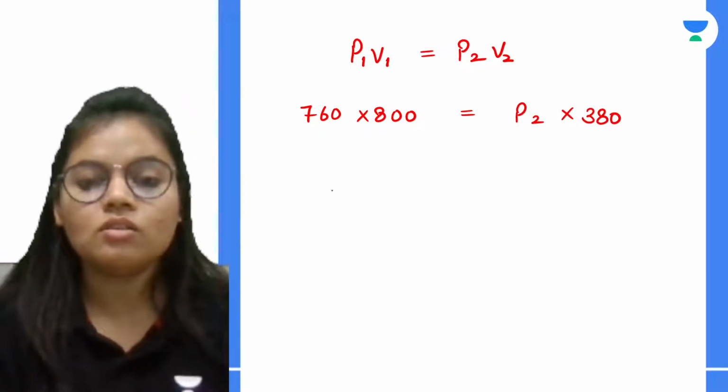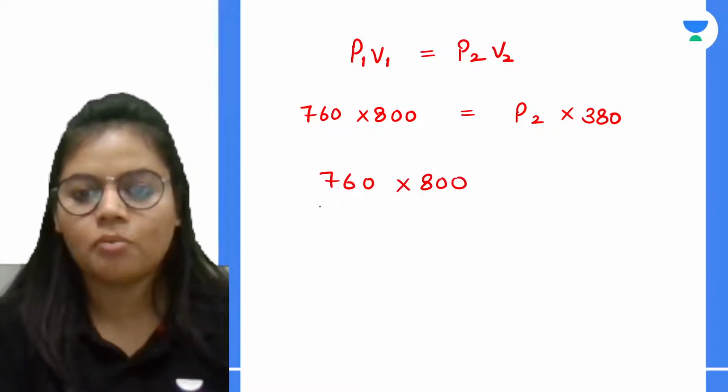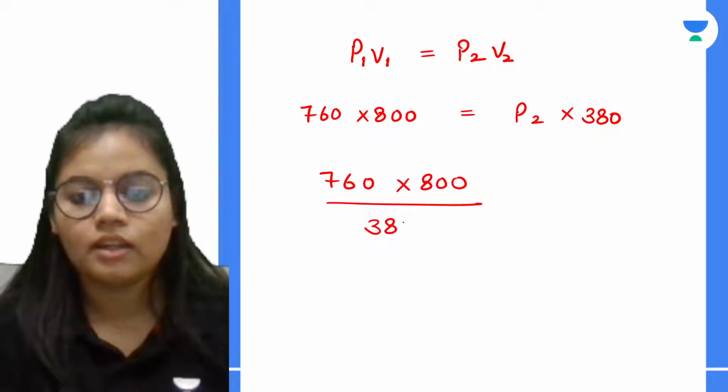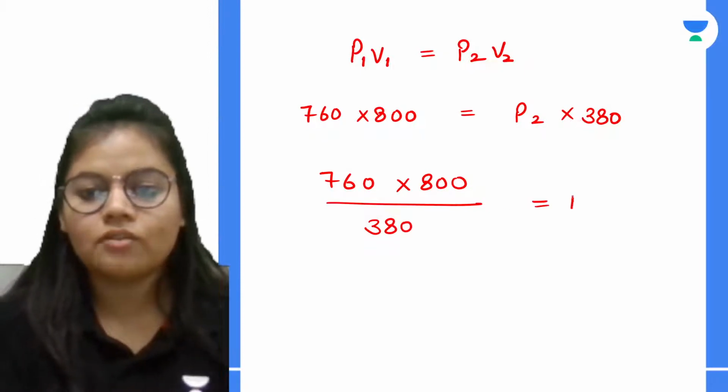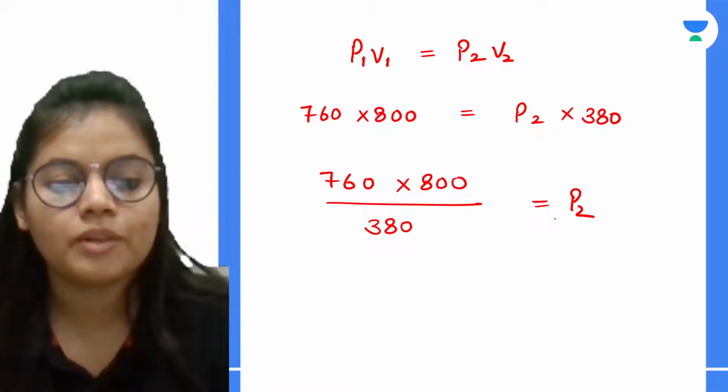So transferring the values, 760 into 800 upon 380 would be the final equation. Can anyone tell me the value of P2 by solving this? What would be the value of P2?